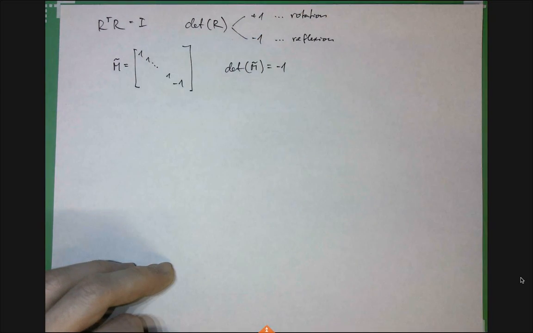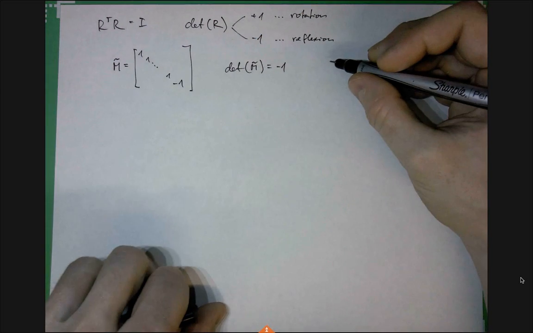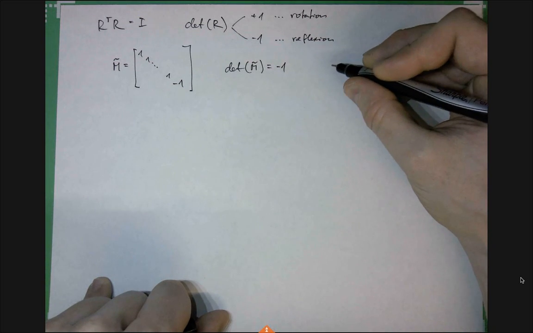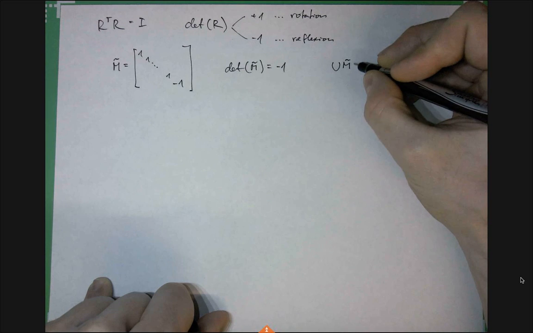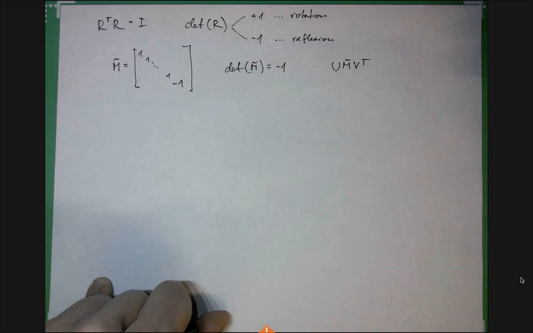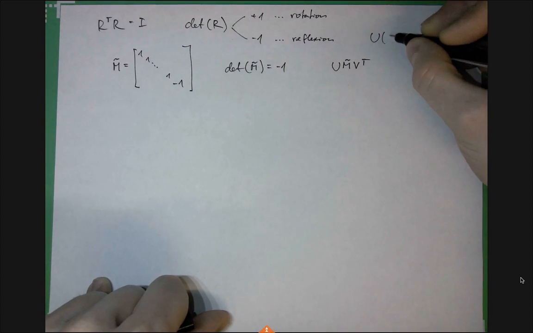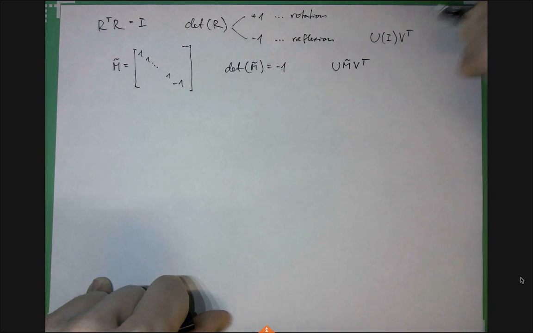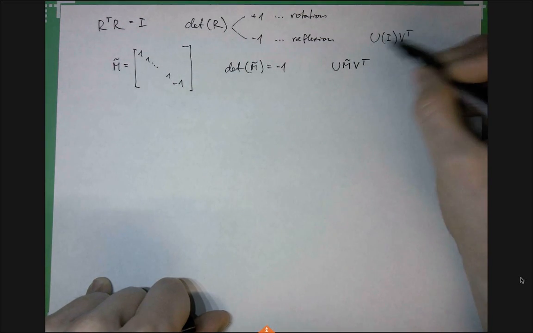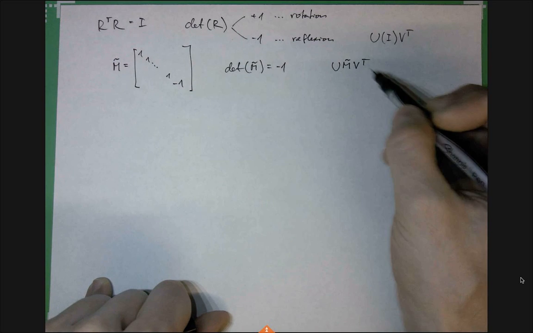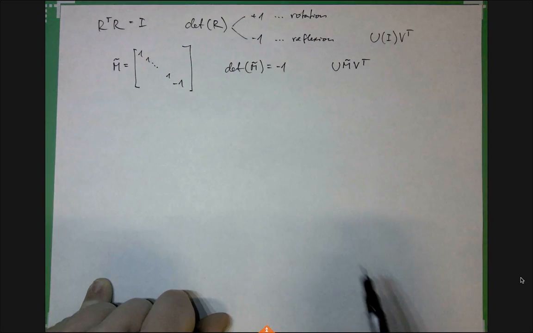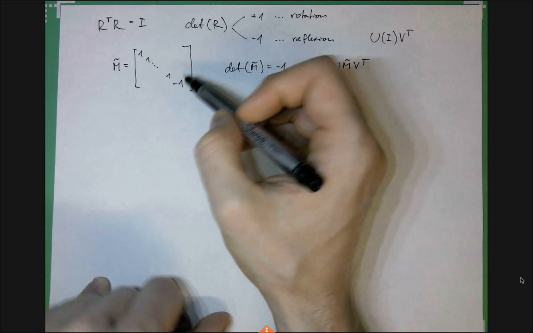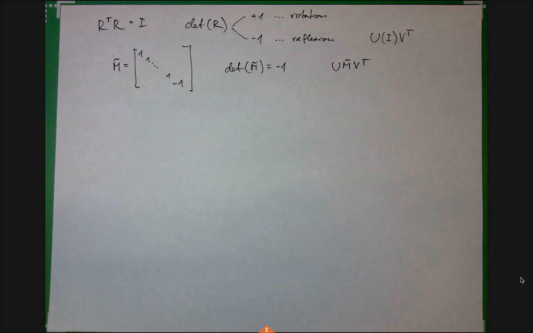Just multiplying this out. And the best fit rotation in this case will be U M tilde V transpose. Before we had U identity V transpose. If this happens to have negative determinant, then we need to stick in the matrix that has the last element -1. Why the last? That's because that's the one that corresponds to the smallest singular value.